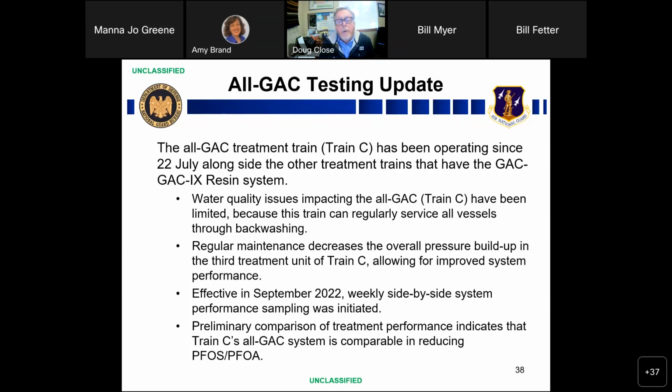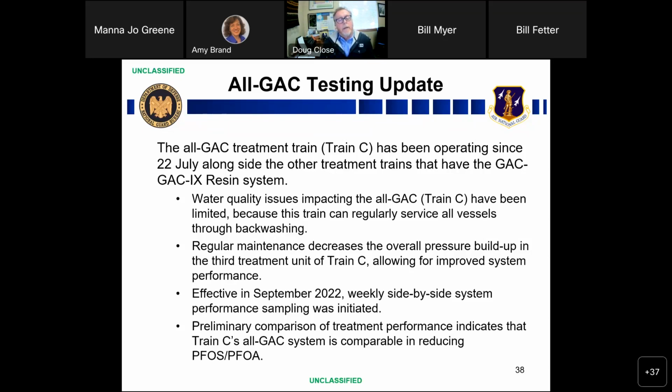It means all 3 vessels can go through automated backwashing as many times during the week as we need, and it can be regularly run and regularly monitored. So a major advantage of an all GAC system is the backwashing opportunity. Regular maintenance and the effort to do that decreases the pressure building up in the third treatment unit.